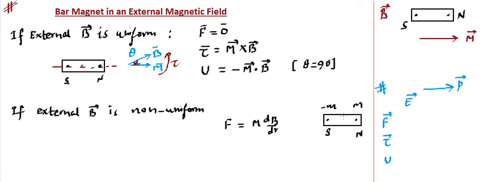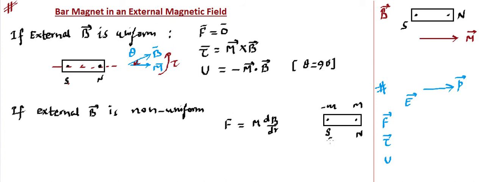If B exists, this pole experiences a force m into B at this location, and this pole experiences a force minus m into B at this location. So a location-dependent magnetic field is going to exist. That's why we calculate dB upon dr and multiply with m, so that becomes the force.